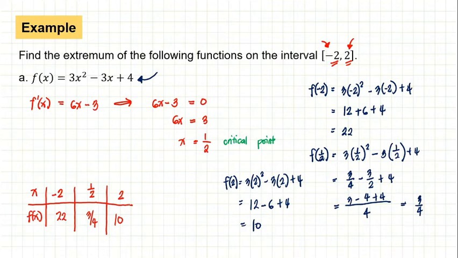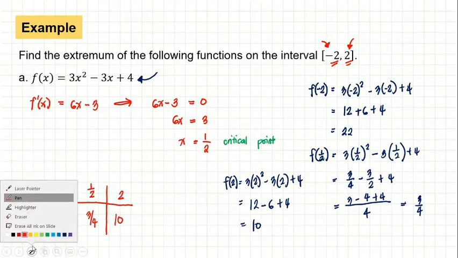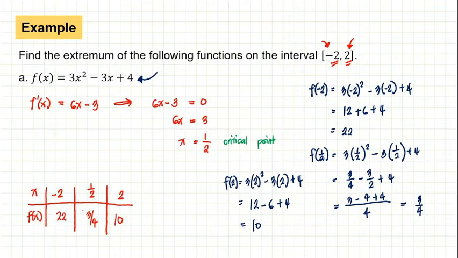So from that, we can now see the maximum and the minimum value. You can observe here that the maximum is 22 and it occurs at x equal to -2, and the minimum is 3/4 and it occurs at x equal to 1/2.